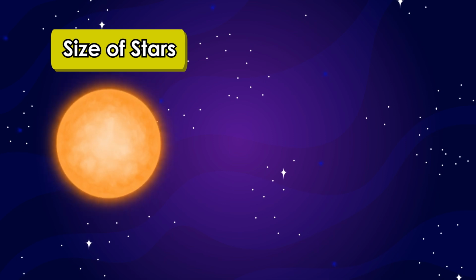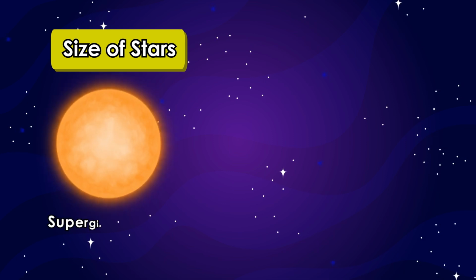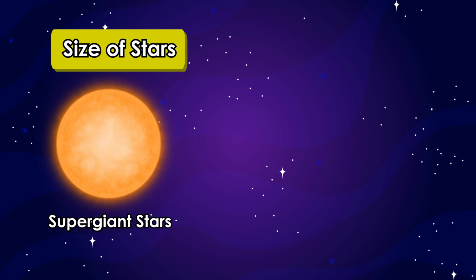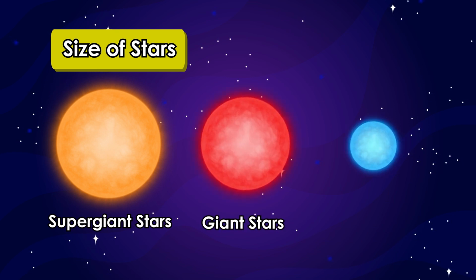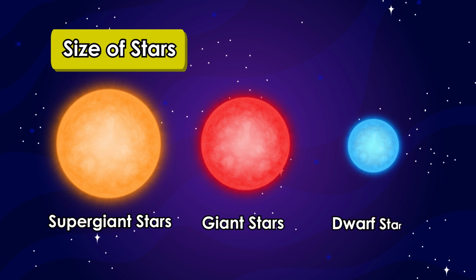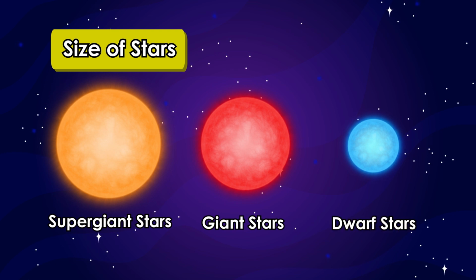Boys and girls, you already know that stars have different sizes, and the massive, super big ones are called supergiant stars. Big stars are called giant stars. Really small stars are called dwarf stars.